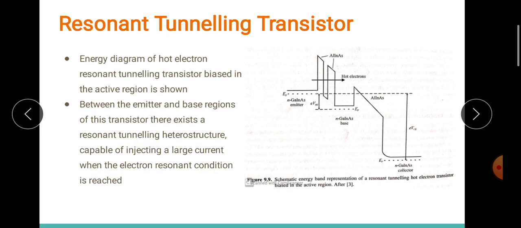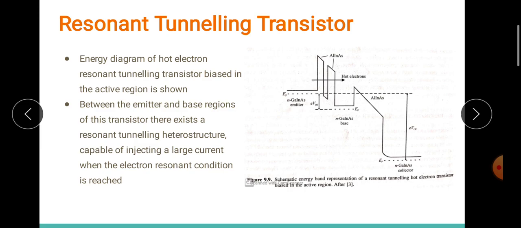Now here, between the emitter and the base region, there is a resonant tunneling structure, and this structure can inject a large current until the resonant condition is reached. And see, the voltage VBE can be increased till the resonance is perfectly reached, and at that instant you get your maximum output current IC.